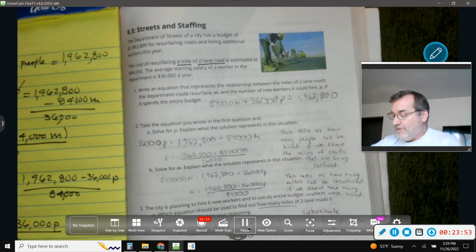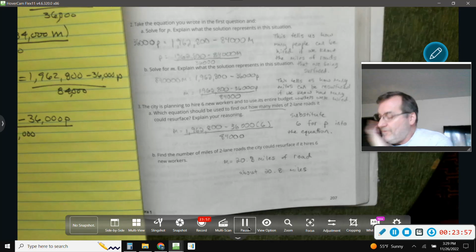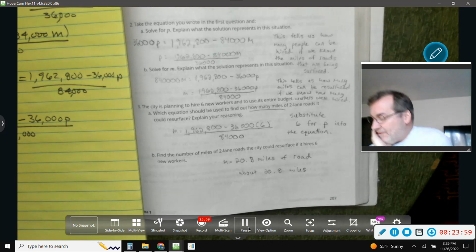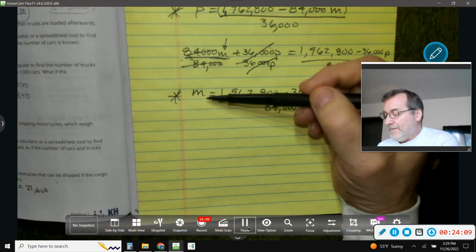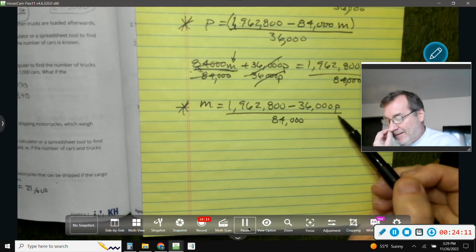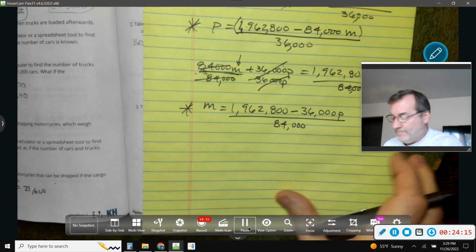And it continues on. The city is planning on hiring 6 new workers to use its entire budget. Which equation would be used to find out how many miles of 2 lanes could be resurfaced? Well, you're solving for miles. All right, this is the one that you solve for. If you're being given the number of people and you want to solve for miles, obviously you want to use this second one.